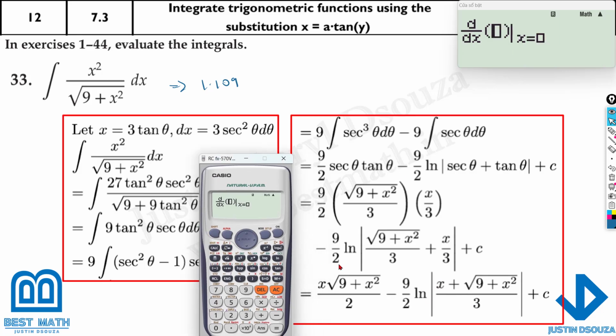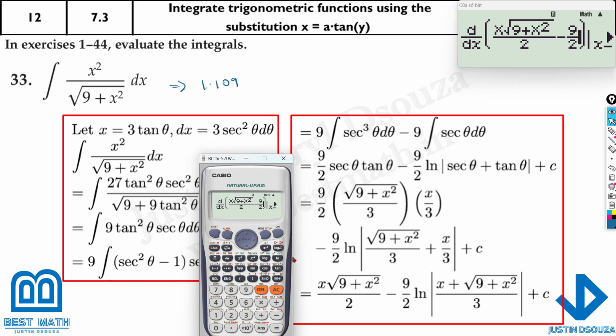Let me put shift d by dx fraction x, then we have square root of 9 plus x squared. I have not written the square root over here, I've put squared by mistake. Now it's x and then square root 9 plus x squared. Here we go. And that is divided by 2. And then we have minus 9 by 2.